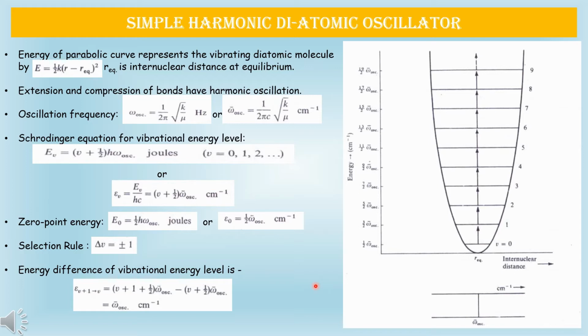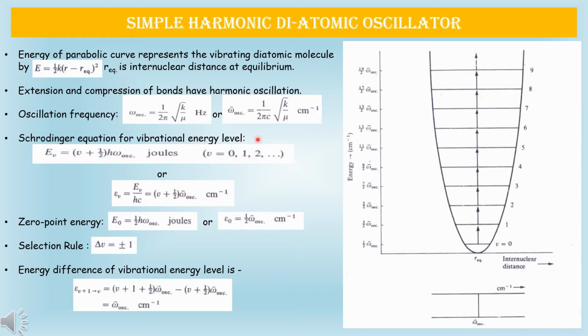During discussion of the energy of a simple harmonic oscillator, we found that the vibration frequency of the bond depends upon the mass of the system and the force constant, and that the oscillation frequency is omega oscillation equals 1 by 2 pi root over K by mu in Hertz, where K is the force constant as discussed earlier and mu is the reduced mass, which we have already discussed in microwave spectroscopy.